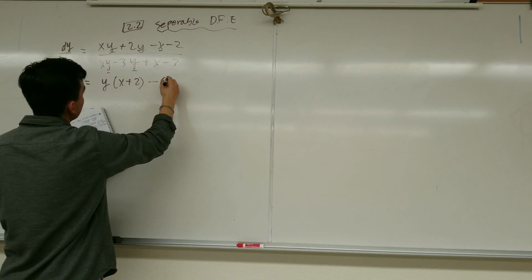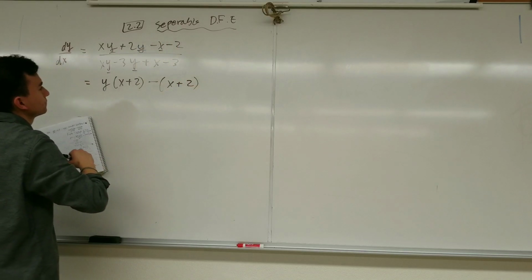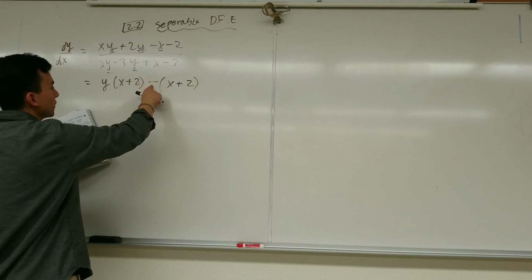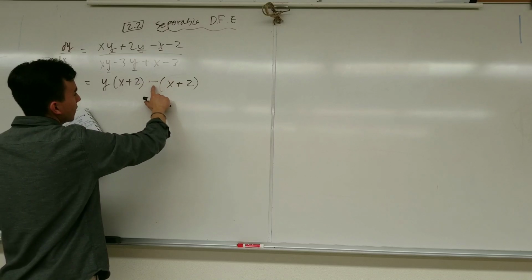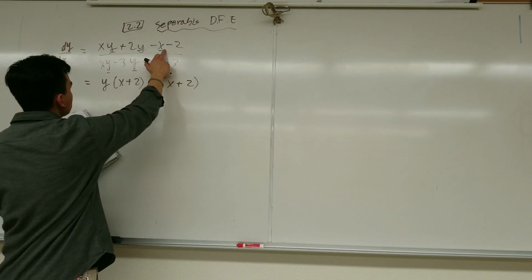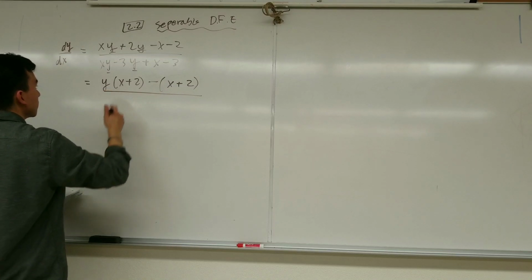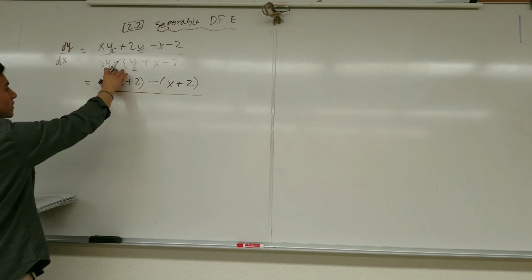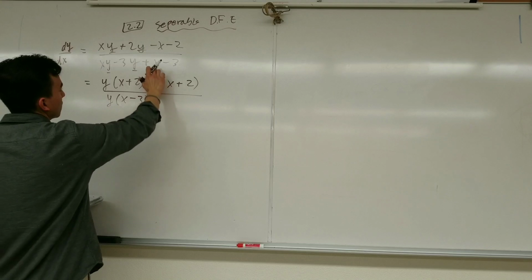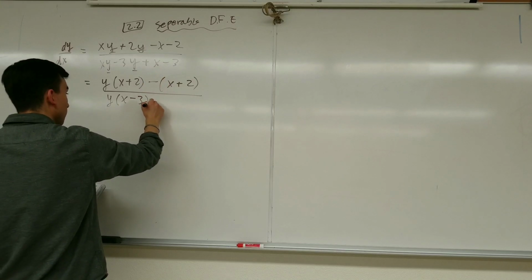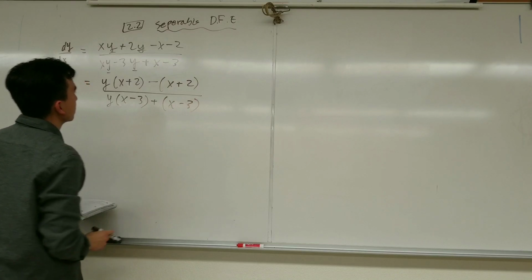Yes, we could factor out a negative from here, and then we get that. If you're wondering why, if I were to factor this negative back in, that'd be negative x, and that would be negative 2. Okay? So now, if I were to factor out my y from this one, I'm going to get y, x minus 3. I could just leave that if I wanted to. It's probably smart. I don't think there's much you could do with that.